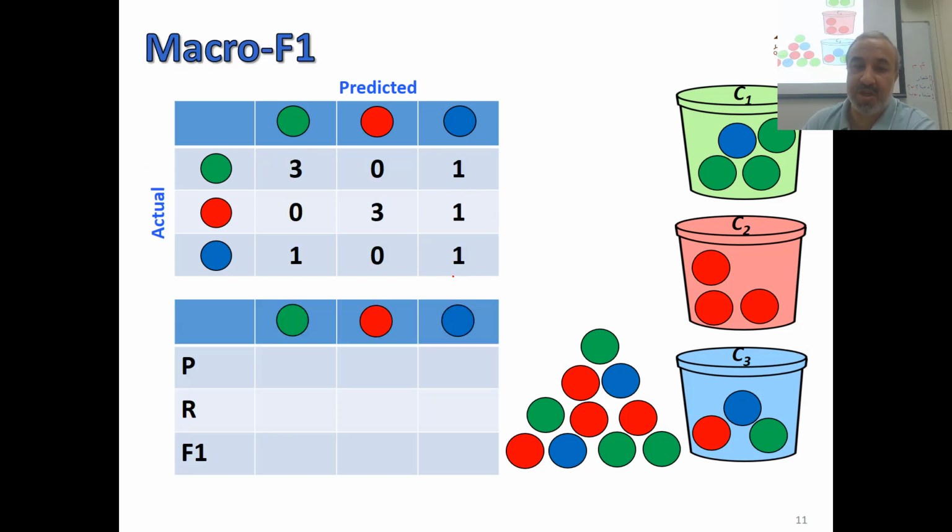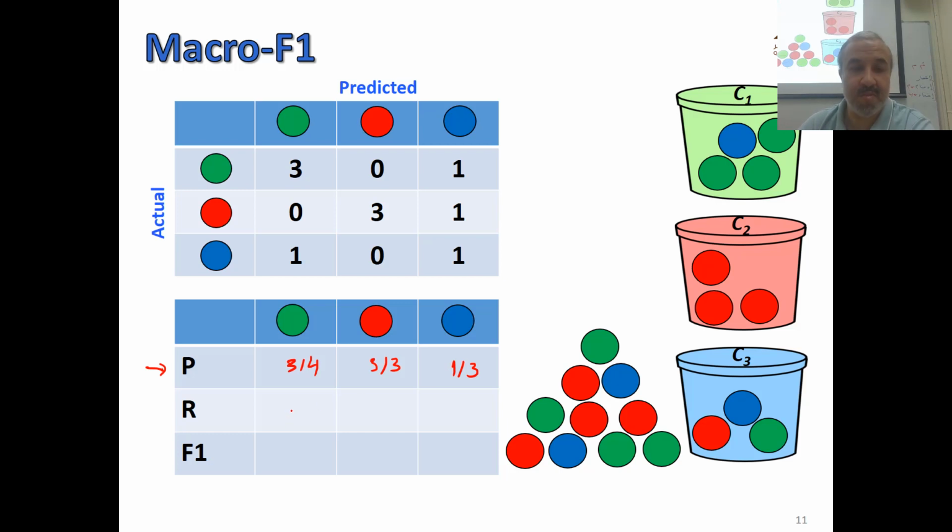Can we compute precision and recall for each of these classes? Precision? Yes. Very good. So that's 3/4. Precision for red, 3/3. Okay. 3/3. How about blue? Very good.